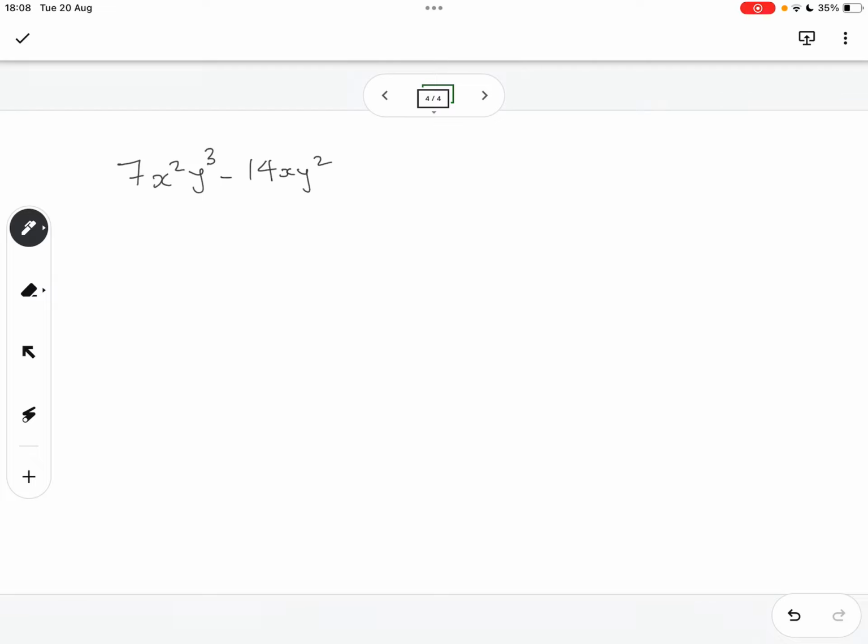2a. Okay. Let's see. 7x squared y to the power of 3 minus 14xy squared. And then which one? 3b. And what is it? It's 3a bracket x minus y bracket plus 2b bracket y minus x bracket. Y minus x. Okay, cool.